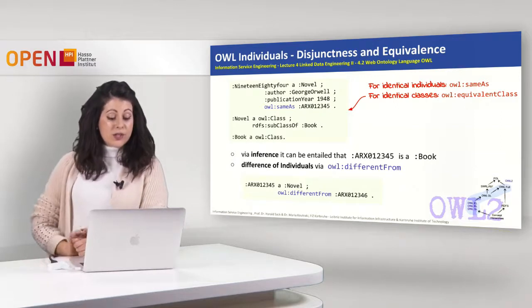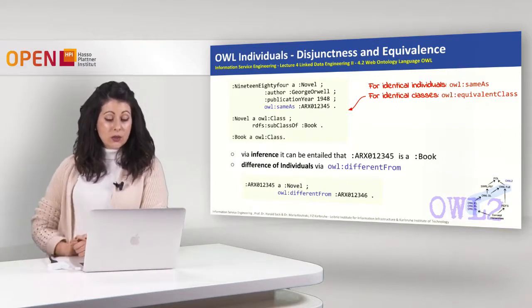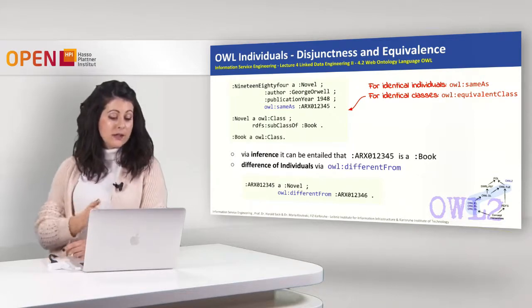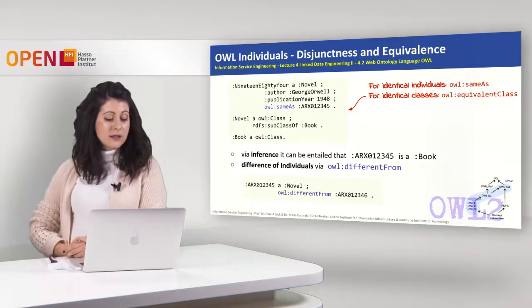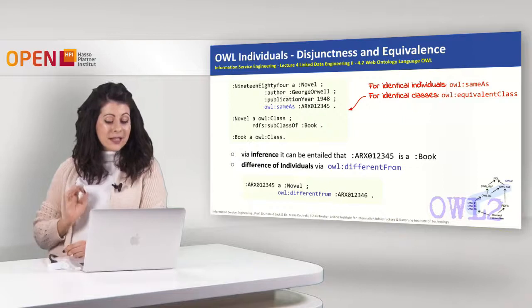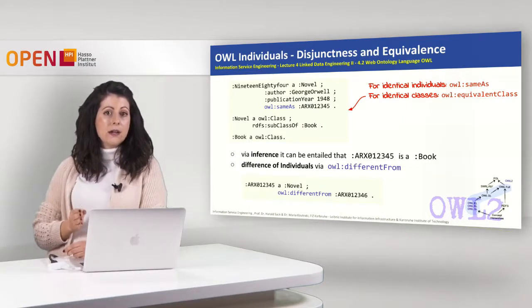And also we have the disjointness, which we denote using the property OWL different from. And this is how we use it. So we have an instance here, Rx 012345, which is of type novel, and we denote that this is different from Rx 012346.